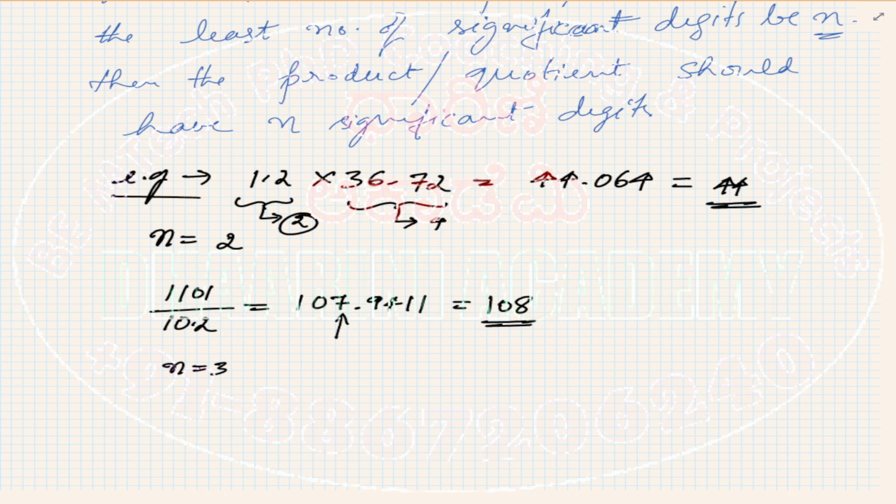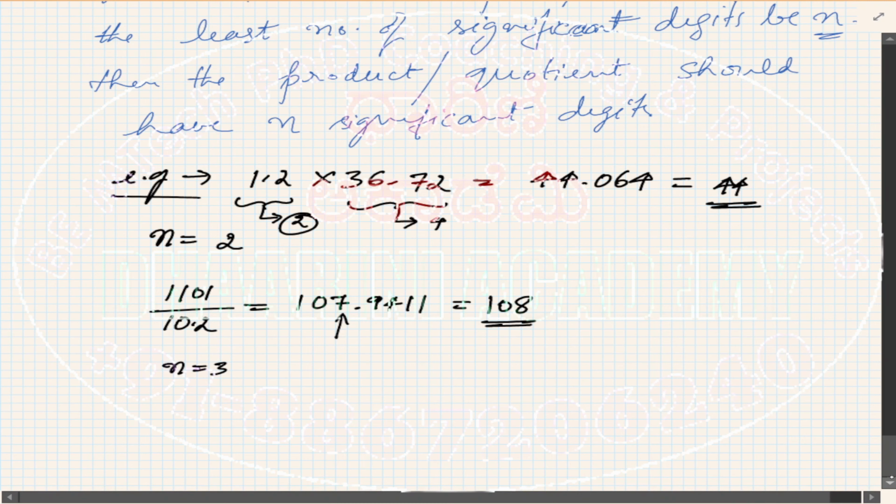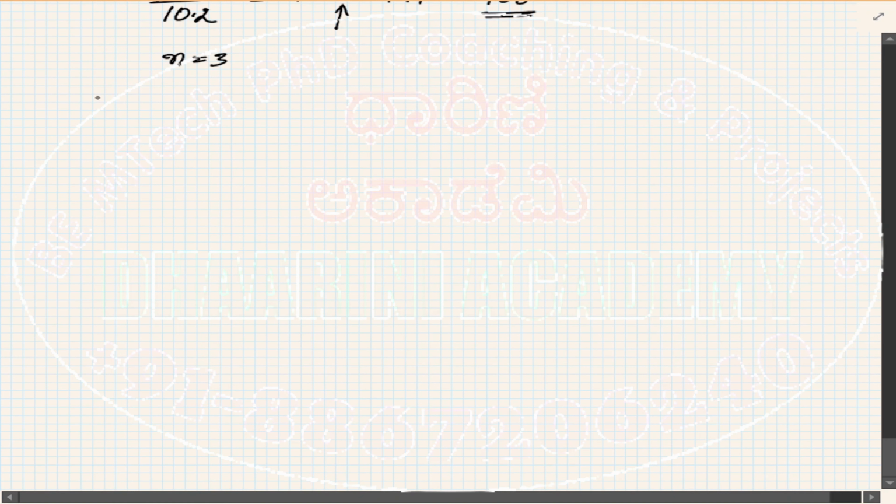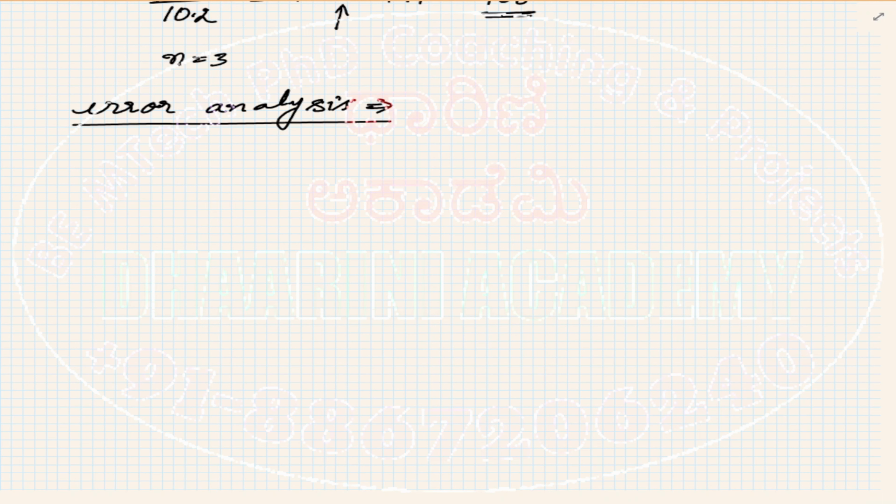All right, that's all. Next is called error analysis. So we know that we can use several instruments in physics to measure several quantities.